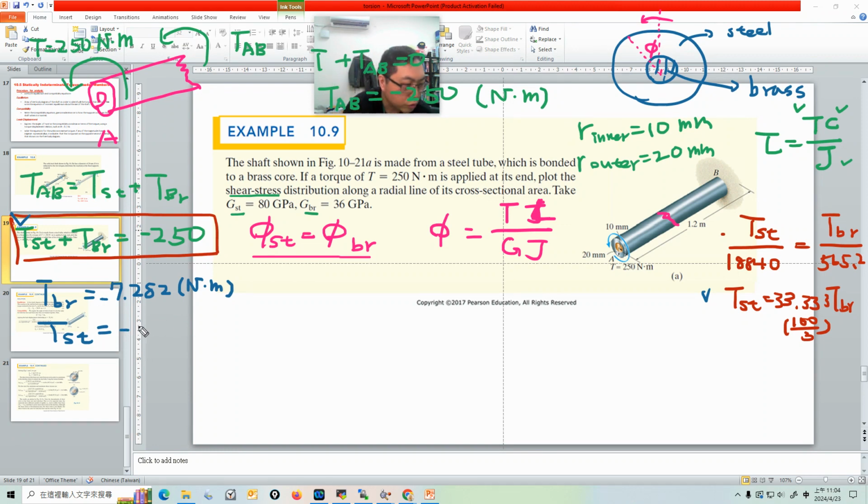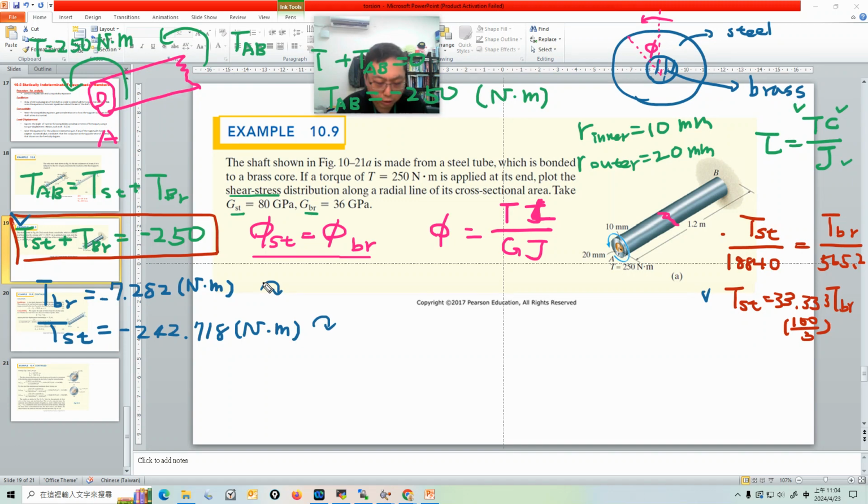So the answer is 242.718 Newton meter. Because it has a negative sign, actually it should be clockwise. That's no problem, just a direction issue. The magnitude is the same.